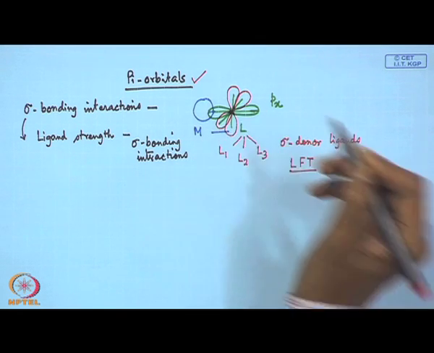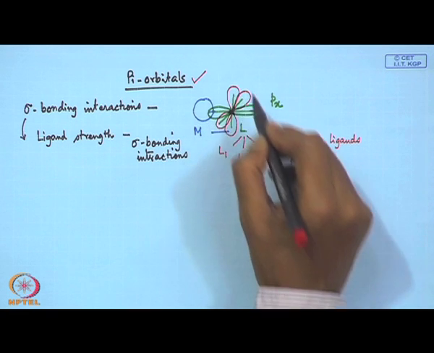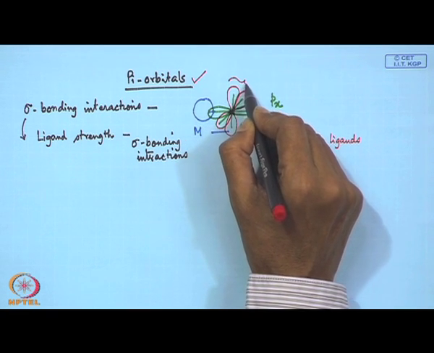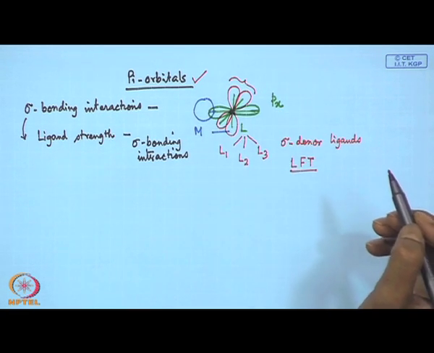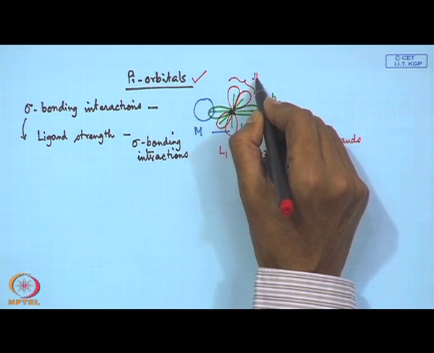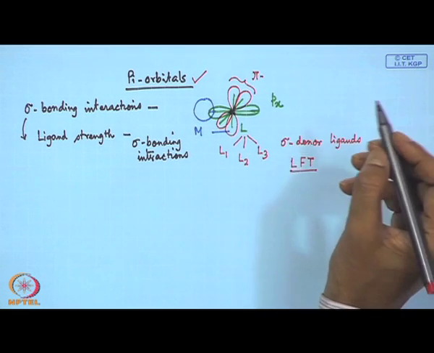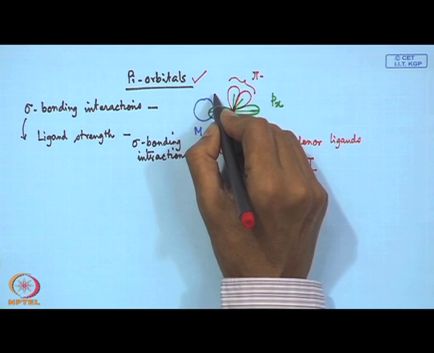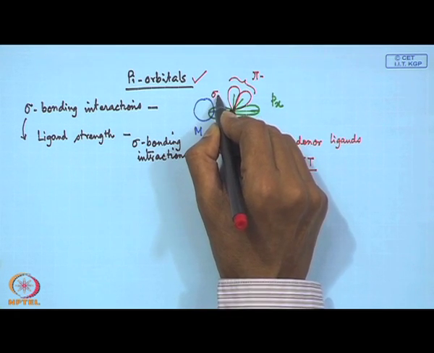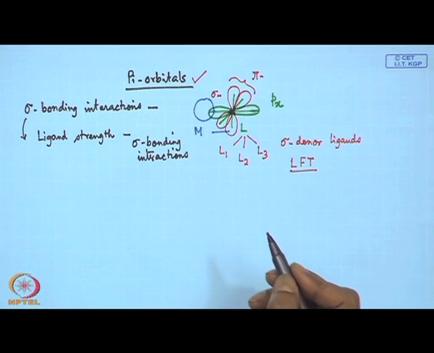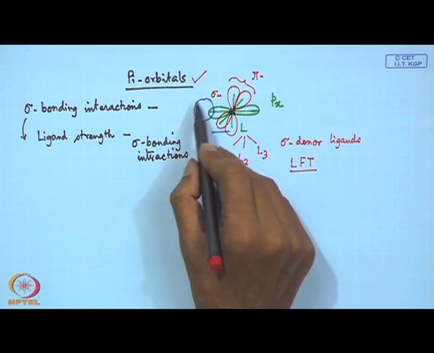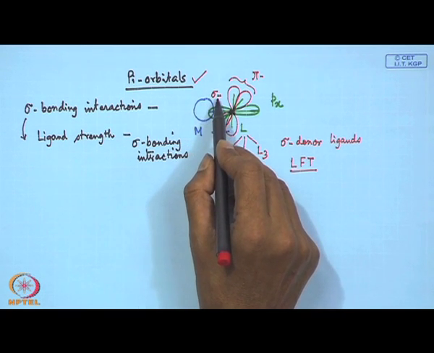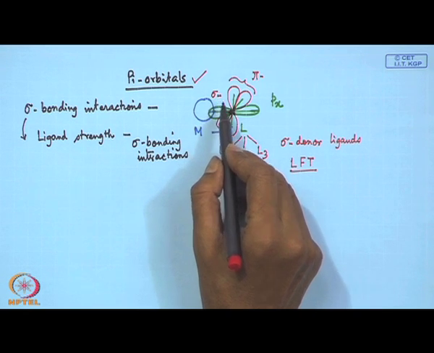Though they are not directly facing the corresponding metal ligand axis, but they are in some other orientations. So, they will give the corresponding pi interactions, whereas the head on overlap between the px and the suitably placed metal orbitals can give rise to corresponding sigma interactions.